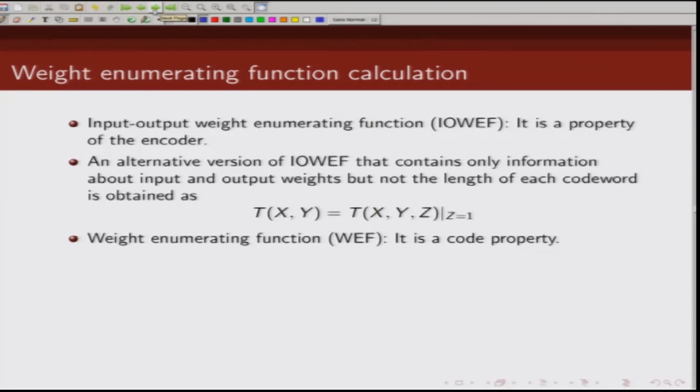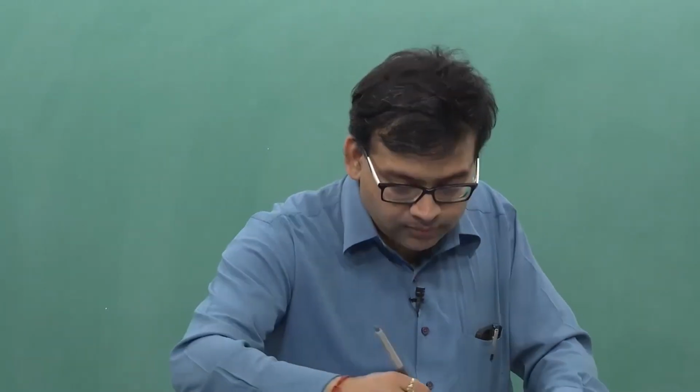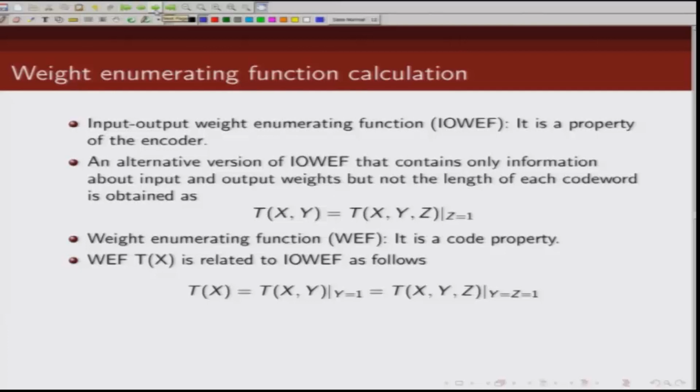The weight enumerating function will only tell us the overall code word weight, and this is a property of the convolutional code. So, the weight enumerating function is related to the input output weight enumerating function in this particular way. If we put z and y as 1 in the input output weight enumerating function, we get back our weight enumerating function.